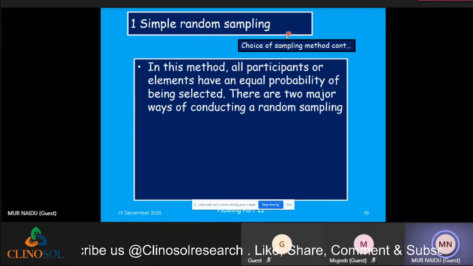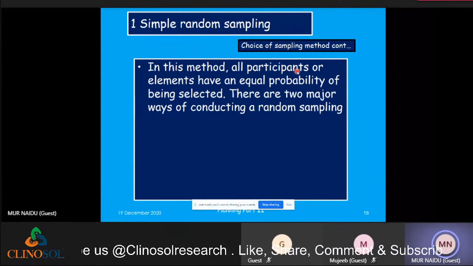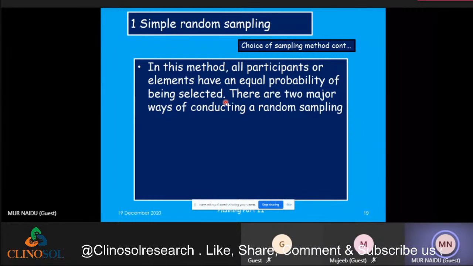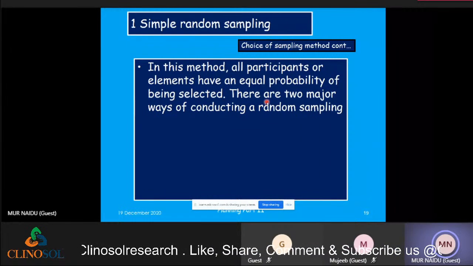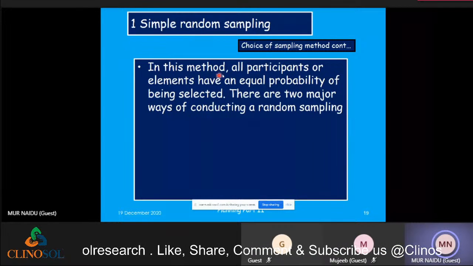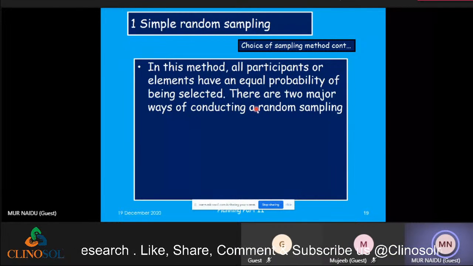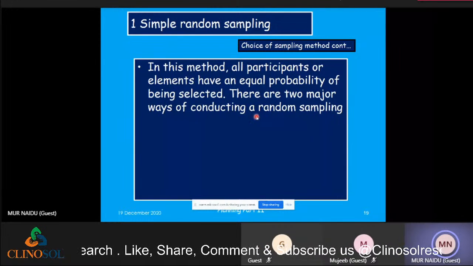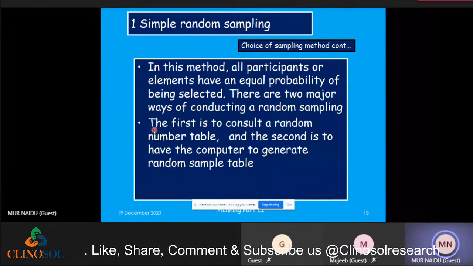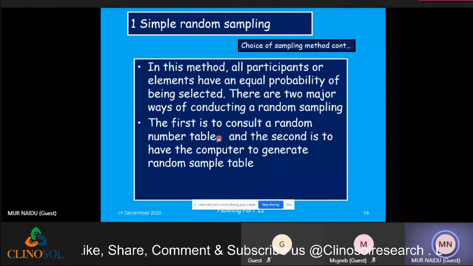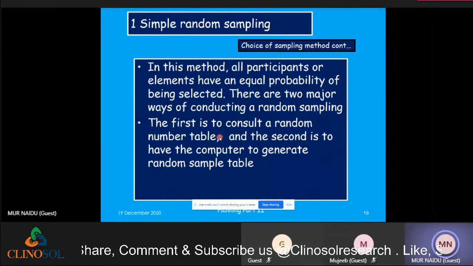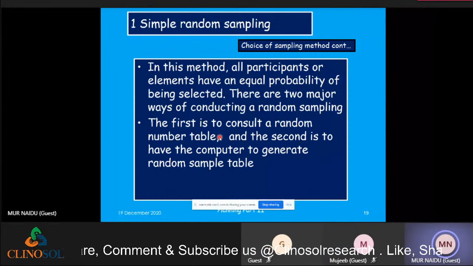In case of simple randomization, all participants or elements have an equal probability of being selected. There are two major ways to conduct this randomization. One is the random number table. Tables are available; from there I take random numbers and do the simple randomization.